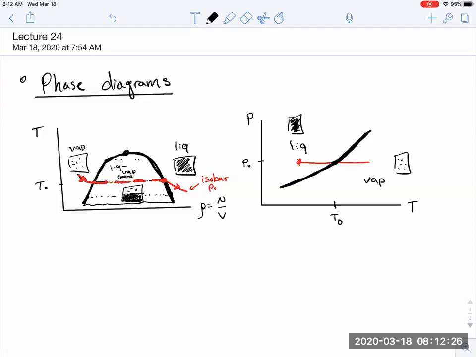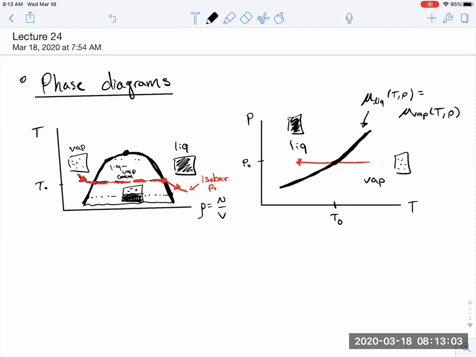In fact, just for completeness, let's go and sketch in examples of liquids and vapors. Okay, we know actually how to define this line. There's a precise mathematical definition for determining that line. And that is, not only do the temperatures and pressures of the liquid and vapor have to be equal, but their chemical potentials do as well. So if I were to know the functional dependence of the chemical potential on temperature and pressure, that line must be a line in which the chemical potential of the liquid is equal to that of the vapor.